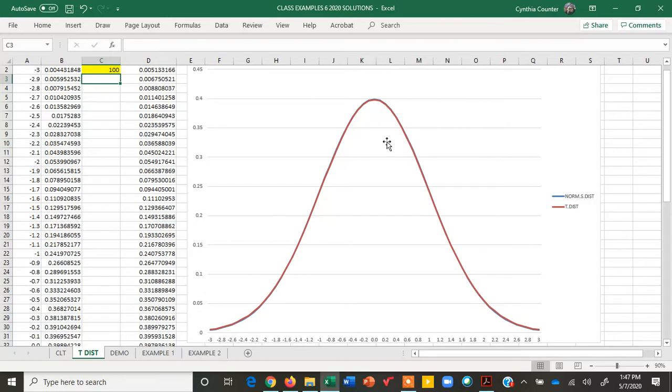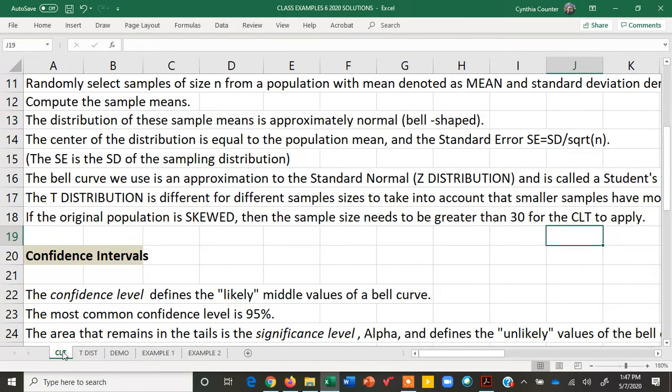So as we say, the t distribution approximates the z, and it gets closer and closer to actually becoming the z distribution as the sample size gets larger. So that is the central limit theorem that tells us the sampling distribution of the mean.